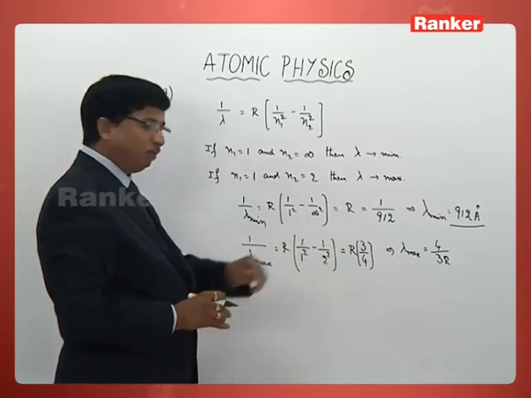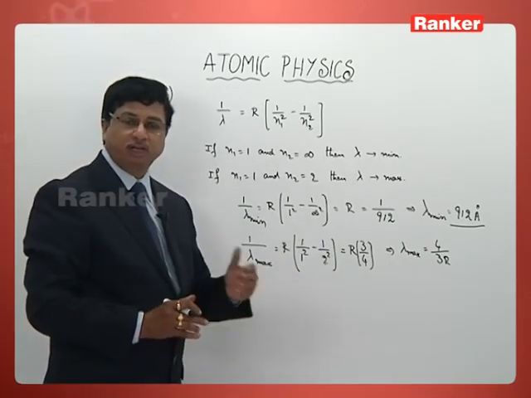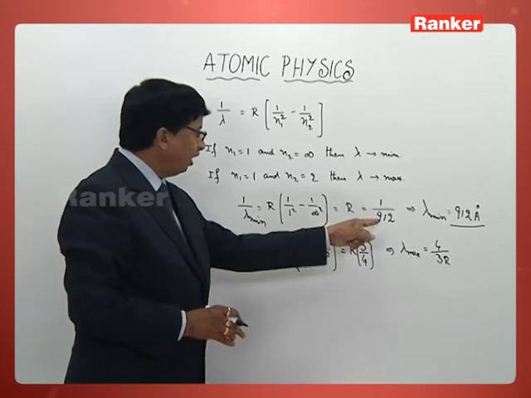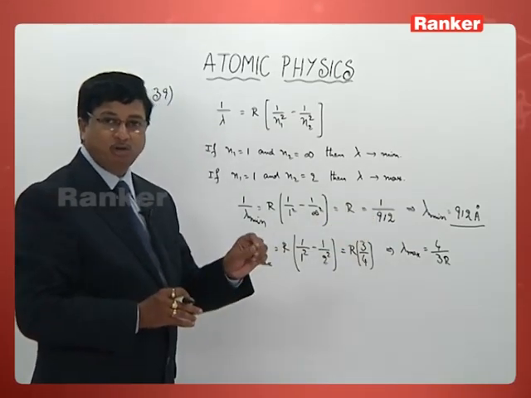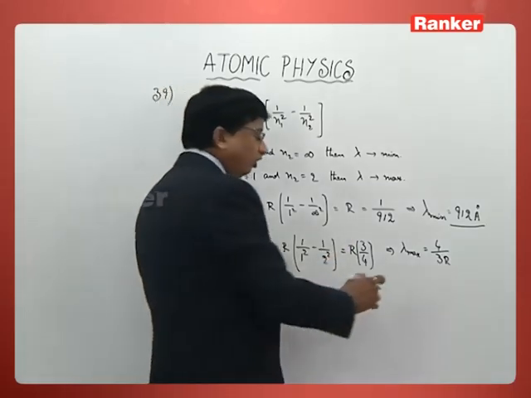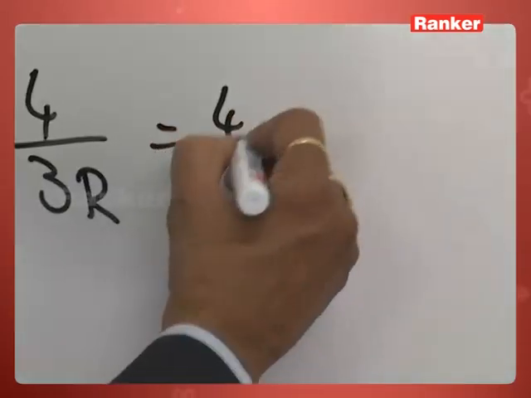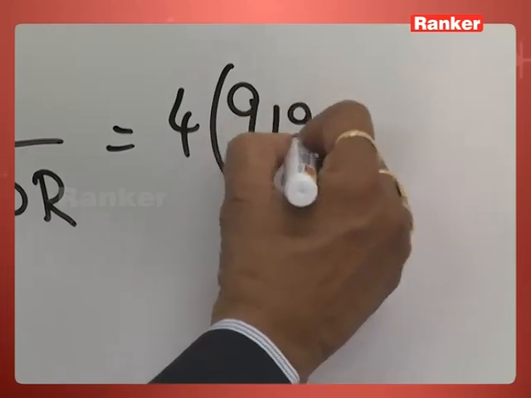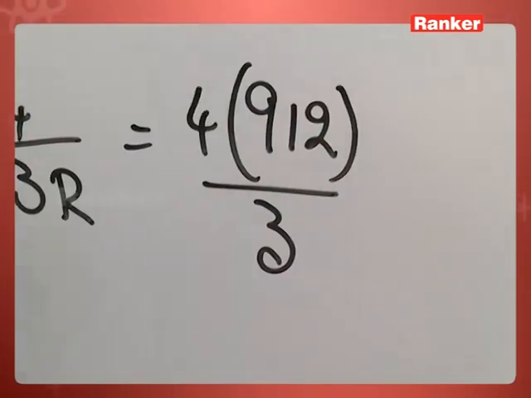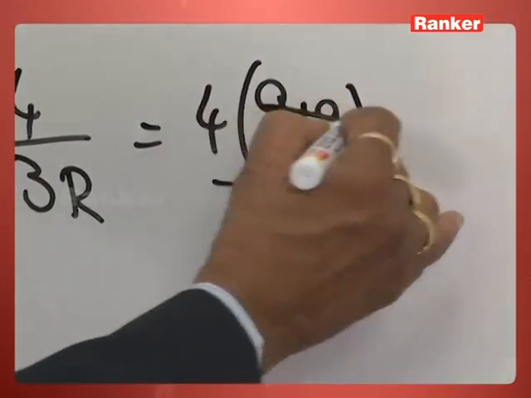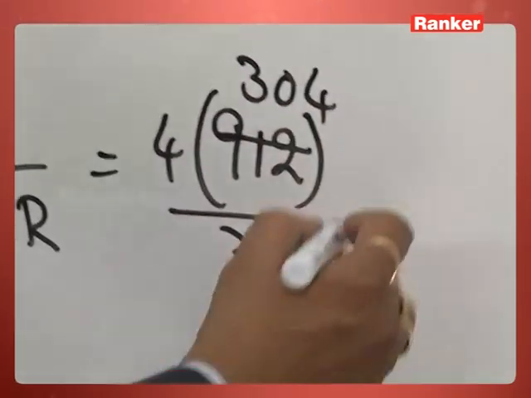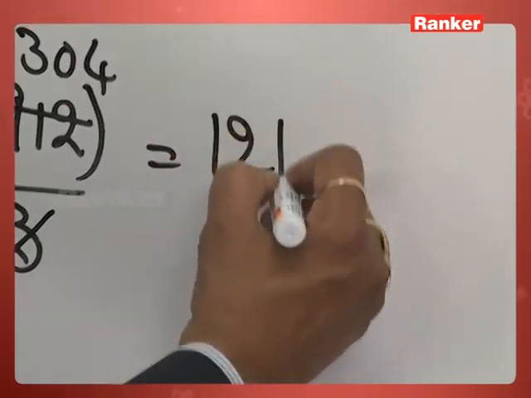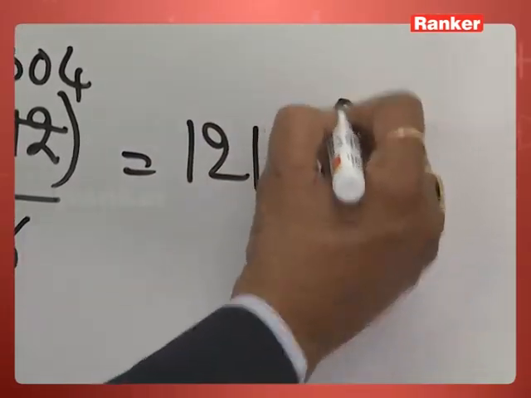Look at that equation thoroughly. 4 by 3R, fine. But what is R around? Nearby value, 1 by 912. So if you write that over here, 4 times 912 by 3. This 3 goes into 912, 304 times. So you will be getting 1216 angstroms.